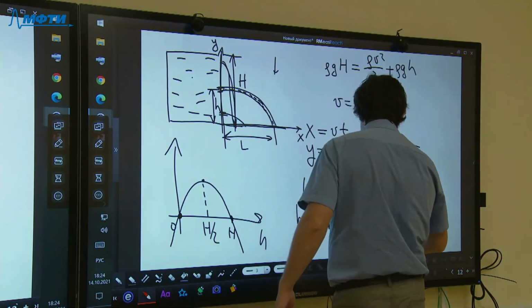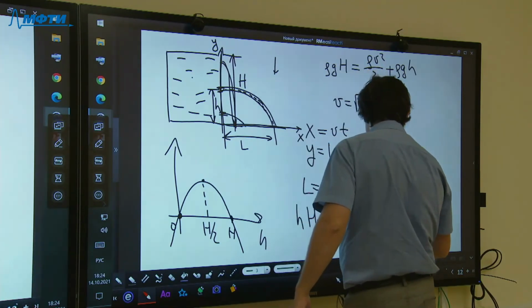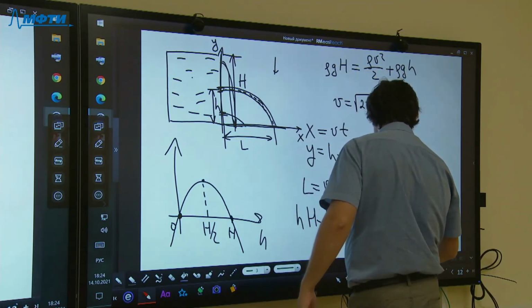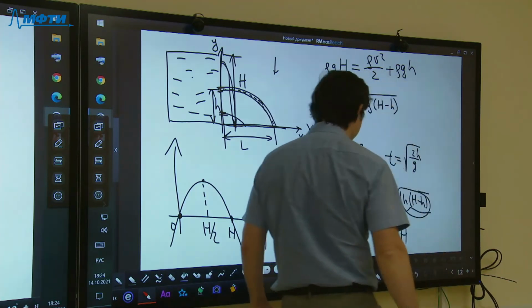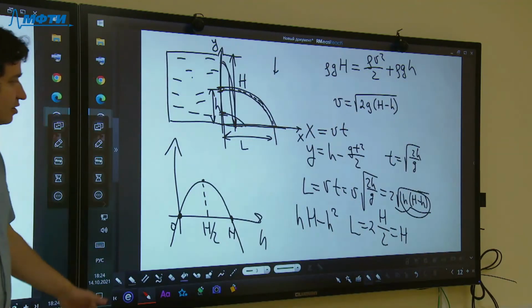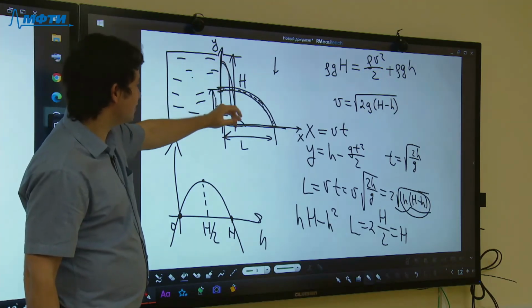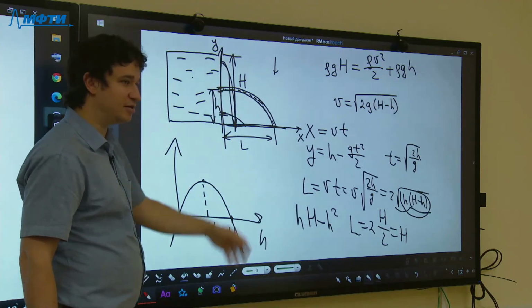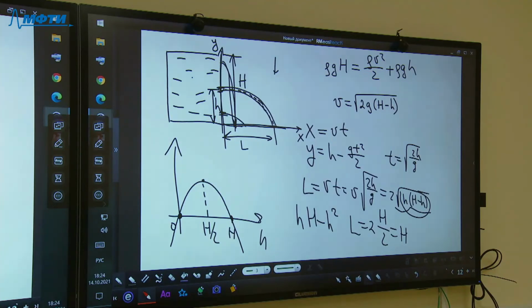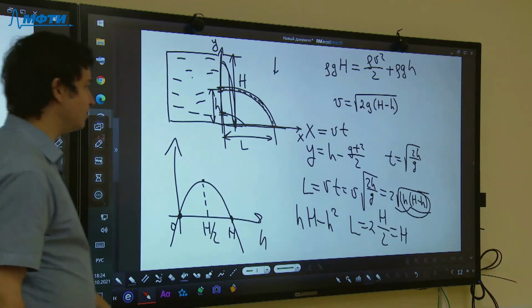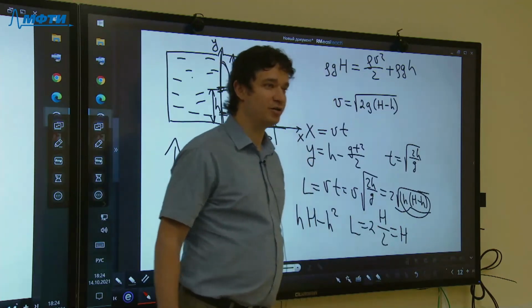So in the end, I have the answer 2 multiplied by H over 2, which is H. Well, quite a coincidence again, that the maximum distance traveled from this vessel will be exactly equal to the height of this vessel. And there is another way to do this calculation.